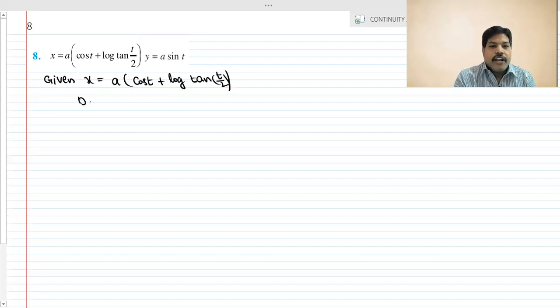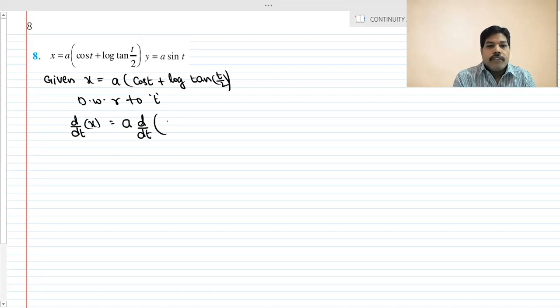Differentiate with respect to t. What happens? d by dt of x is equal to a into the derivative of cos t plus the derivative of log of tan t by 2.